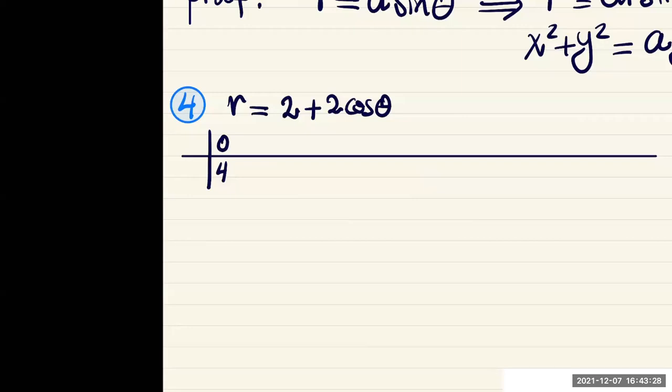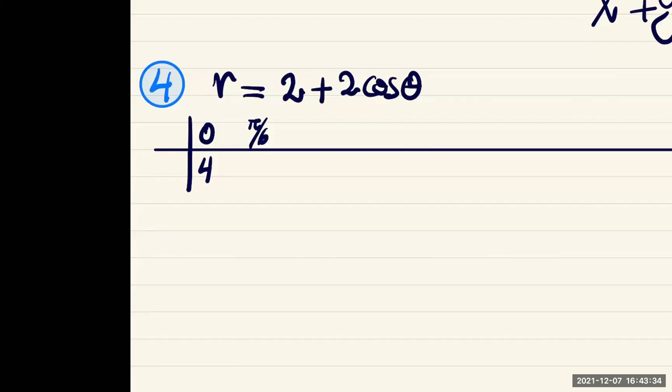All right, I'm gonna pick pi over 6. You have to be a little patient. Cosine of pi over 6 is root 3 over 2. So 2 plus 2 times root 3 over 2, where those 2's cancel out, you get 2 plus root 3, which is approximately 3.7.